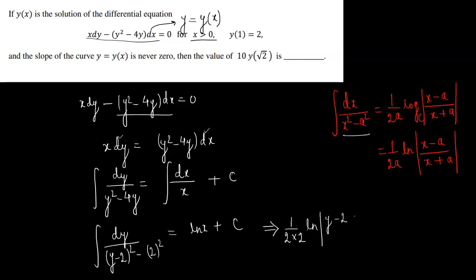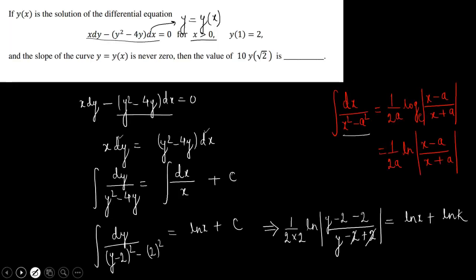So (y minus 2 minus 2) upon (y minus 2 plus 2), okay, equals ln x plus c, or we can also write this c in terms of log as ln k. Here 2 and 2 will get cancelled out.